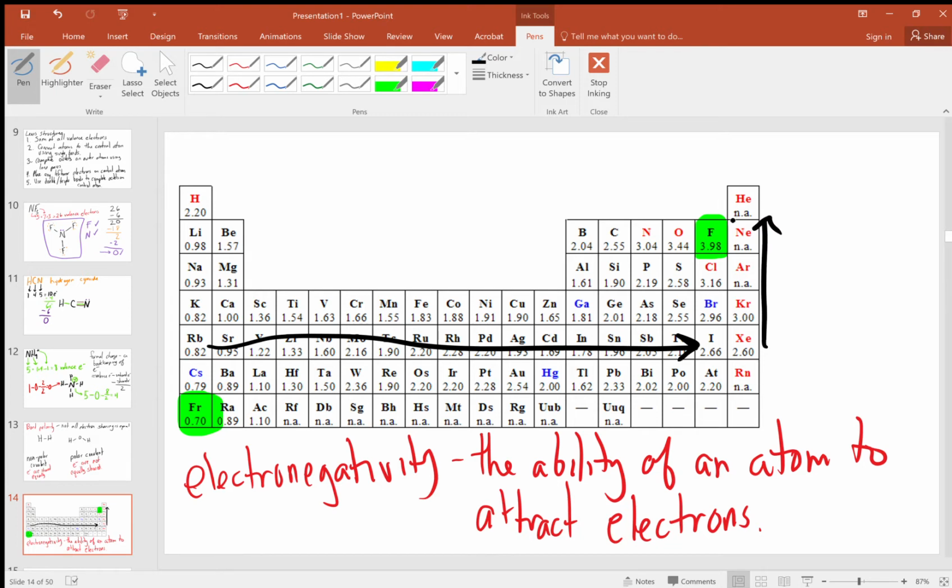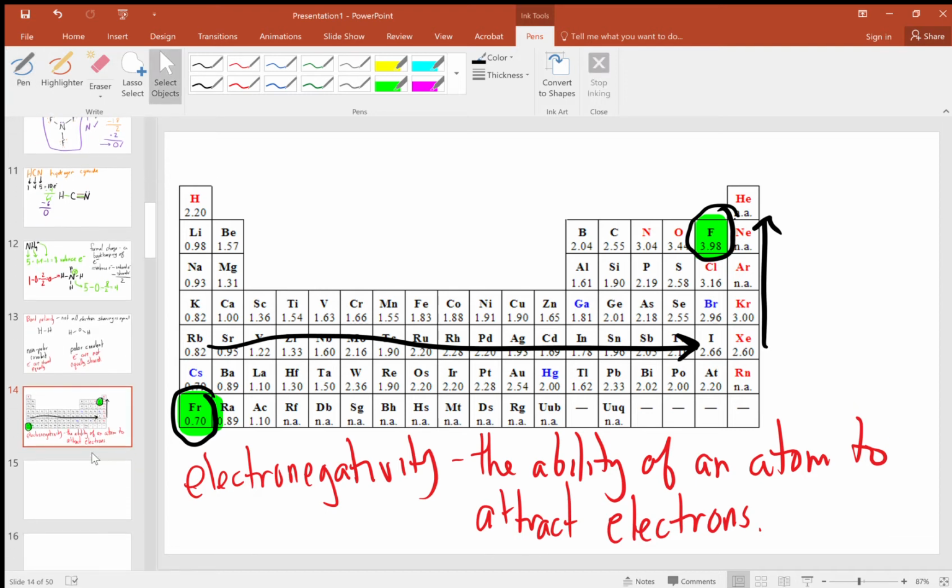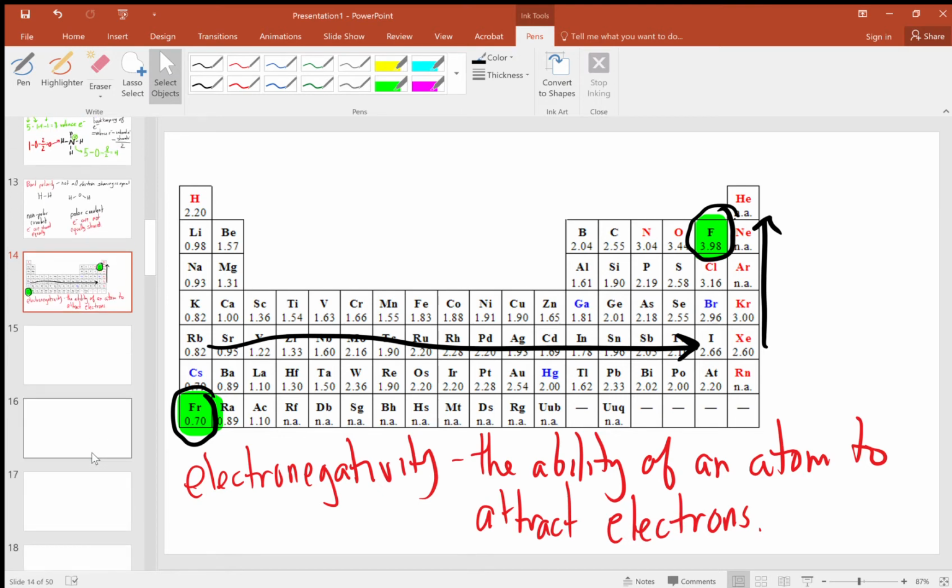So again, we find our most electronegative element up here at the top right and least at the bottom left. So let's keep a couple of these numbers in mind when we go back to our previous example, which was hydrogen and water. So note the electronegativity for hydrogen is 2.2 and 3.44 for oxygen.